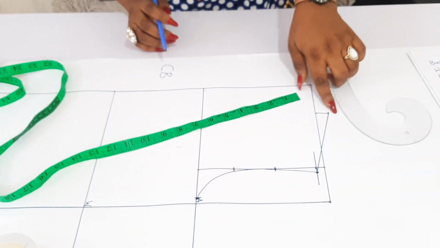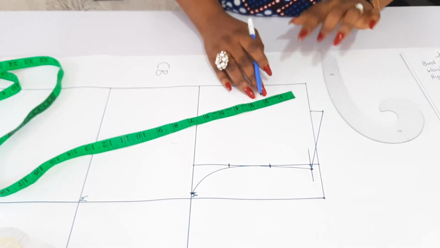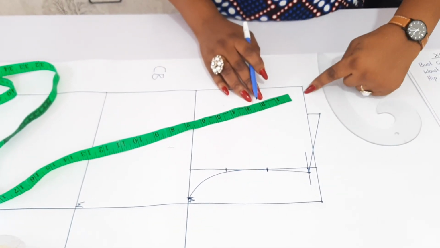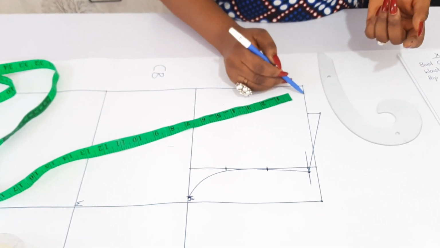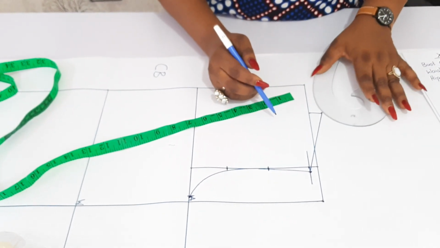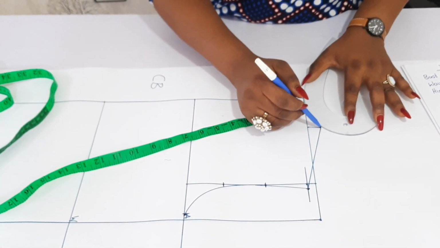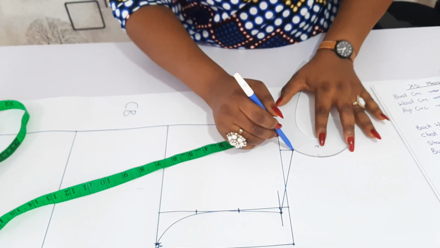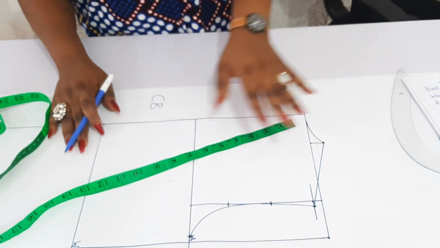Lastly, here now I forgot to mark the neck region. For you to mark the neck region, you should start about 1/2 or 3/4 inch inward. That's somewhere around here. So then you now take your armhole curve and rotate it till you get a curve from the nape to this point. Can you see that? So we are done with this.